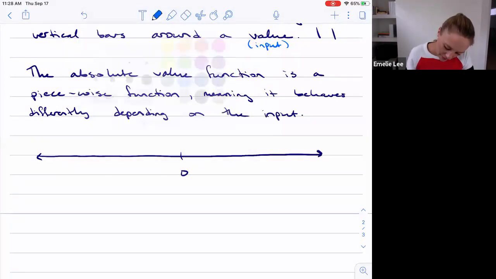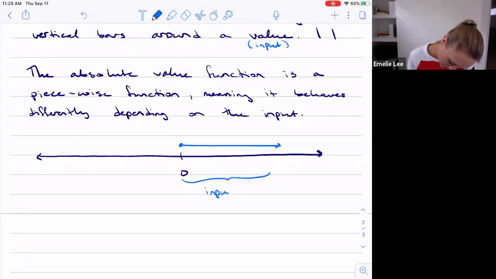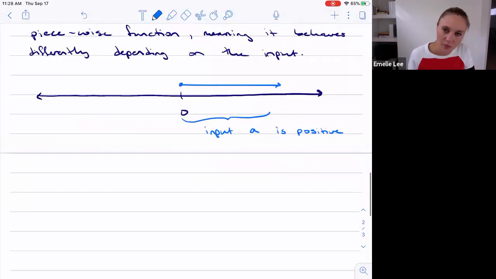For these guys, for 0 onwards, the input A is positive, which means that, so if it's 0 or greater, it's positive.